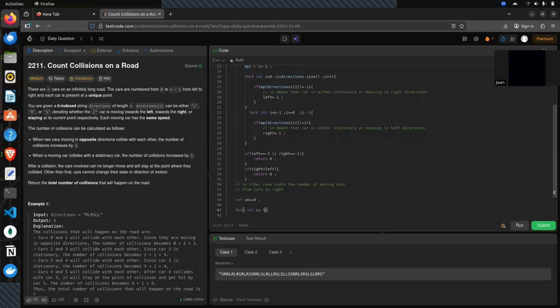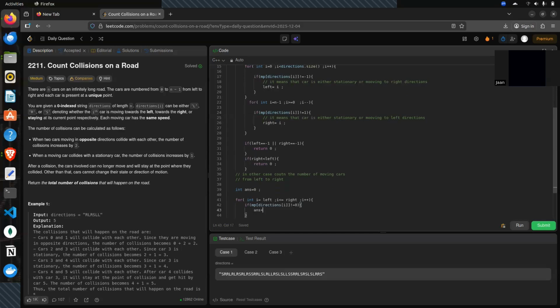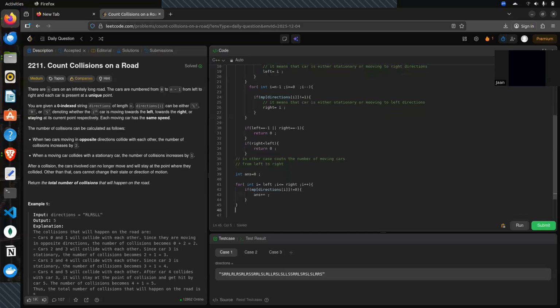For int i equal to left, i less than or equal to right, i plus plus: if MP of directions of i is not equal to 0, answer plus plus. Return answer. So if a car is not moving, we will not count it in the answer.